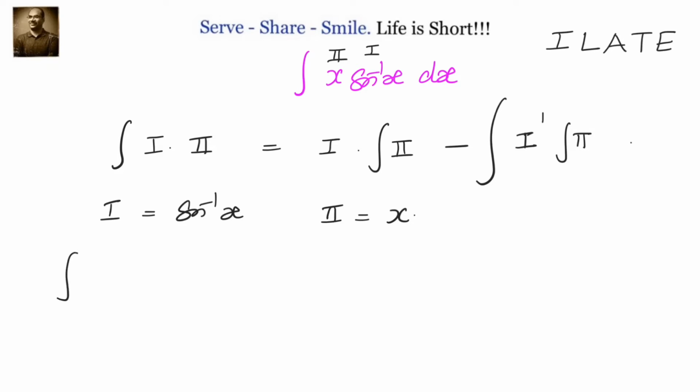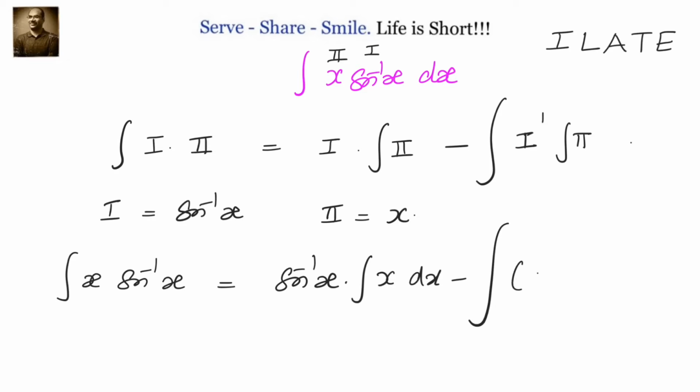We will have integral of x into sine inverse x equals first function sine inverse x multiplied with integral of x dx, minus integral of derivative of sine inverse x multiplied with integral of x dx. This whole thing we have to integrate.